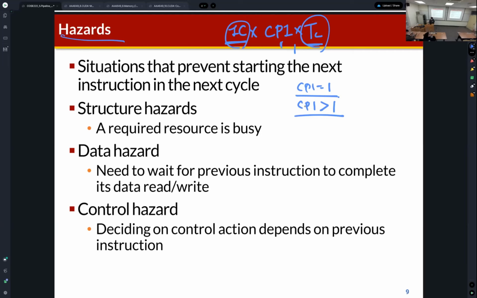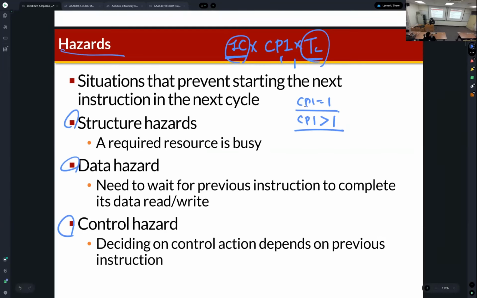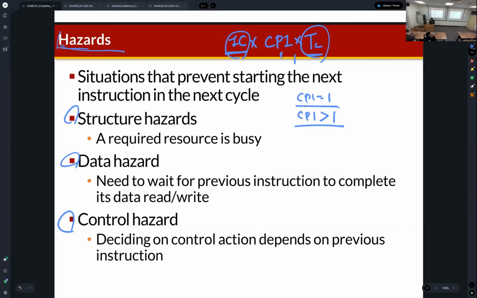Because of hazards. The hazard is a very critical issue in the architecture design. What is a hazard?